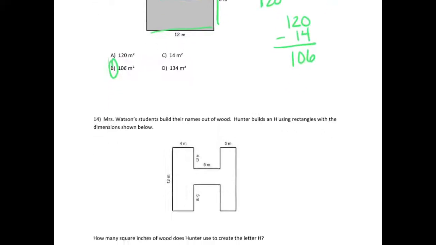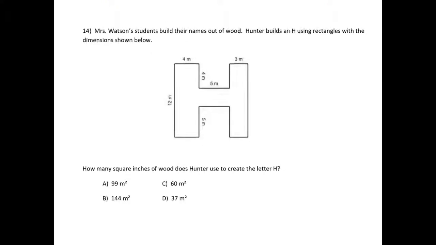Number 14, we have an H, but notice the sides are uneven, so they can't be the same. It's asking how many square inches of wood this covers. So we're looking for total area here. Total area means each piece. Well, this piece right here is going to be 12 times 4, which is 48, because it's base times height. This one is going to be 3 times 12, which is 36. So now we have to worry about this piece in here.